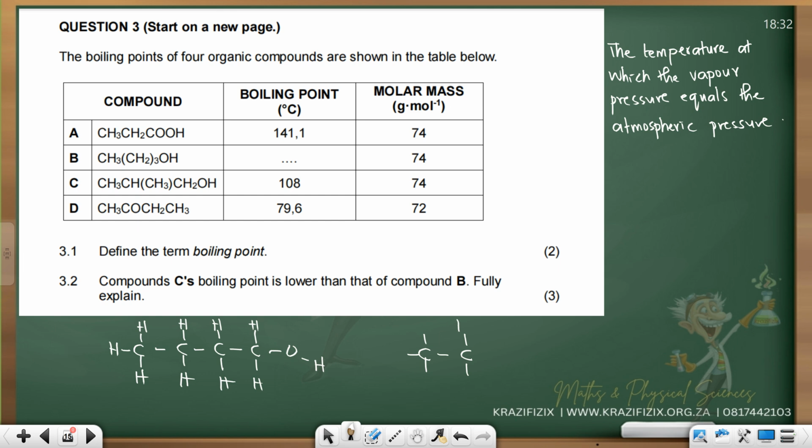So I have H there, and I have CH3. Then I have CH2. So you would notice that compound B and compound C. Compound B is a straight chain, which gives it a wider or larger surface area, while compound C is spherical.